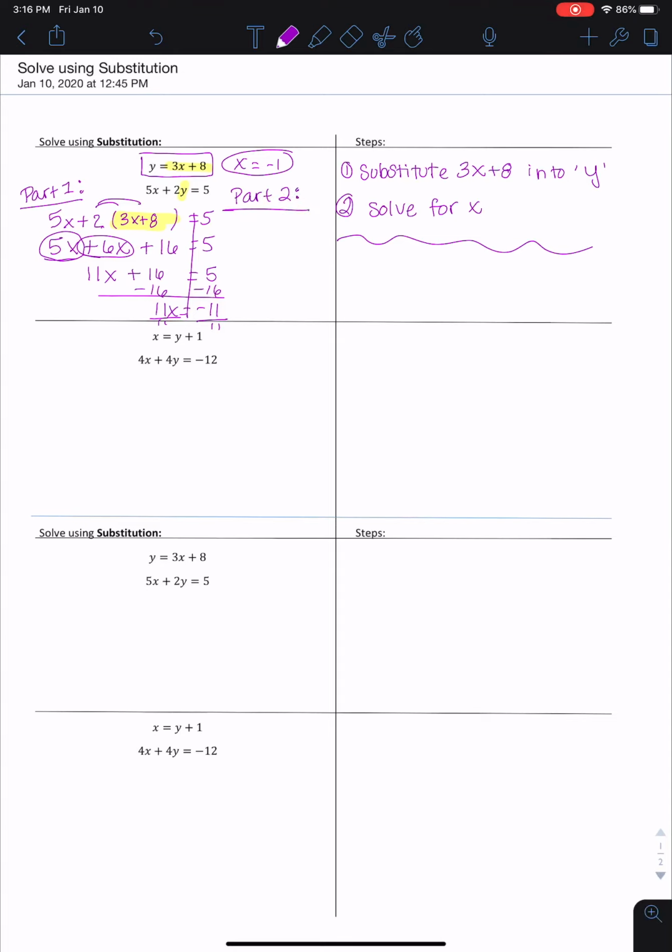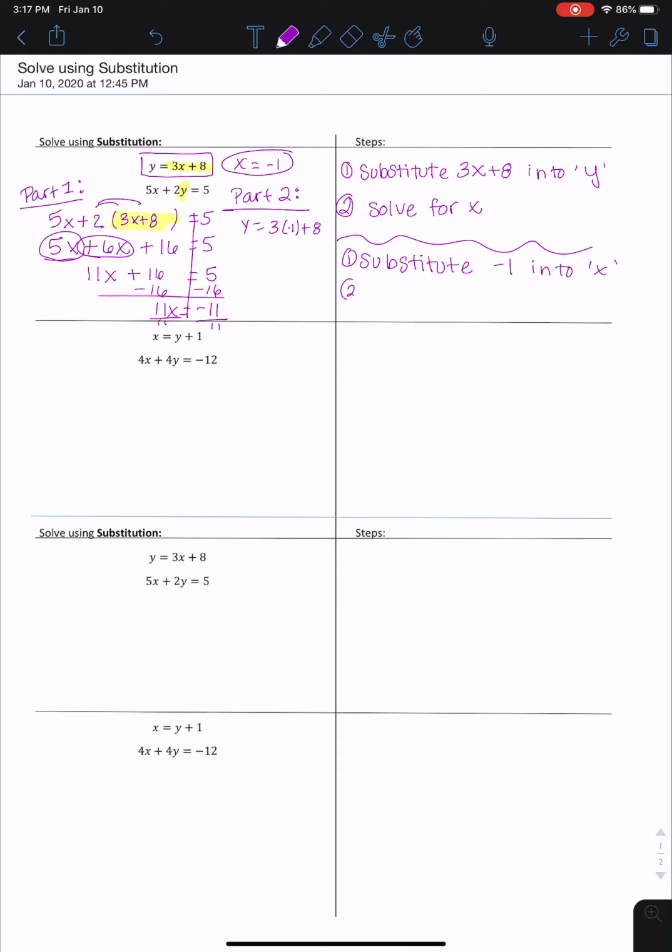For part 2, you need to substitute negative 1 into x. So we're going to go back to the first equation, y equals 3. Instead of x, use 1, or negative 1, sorry, plus 8.